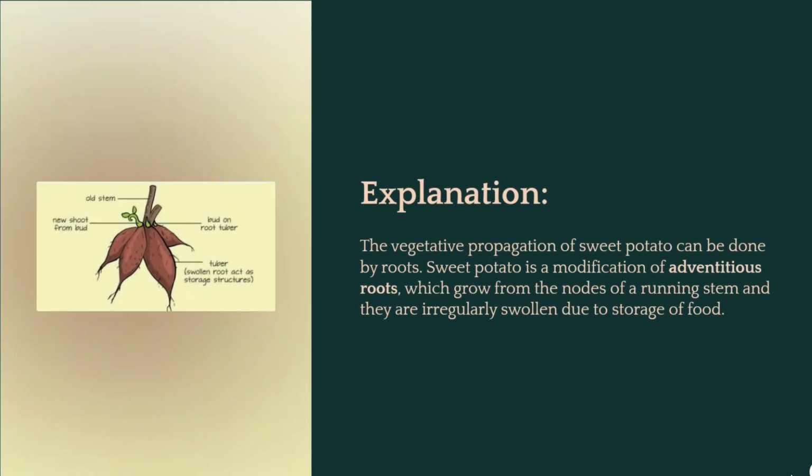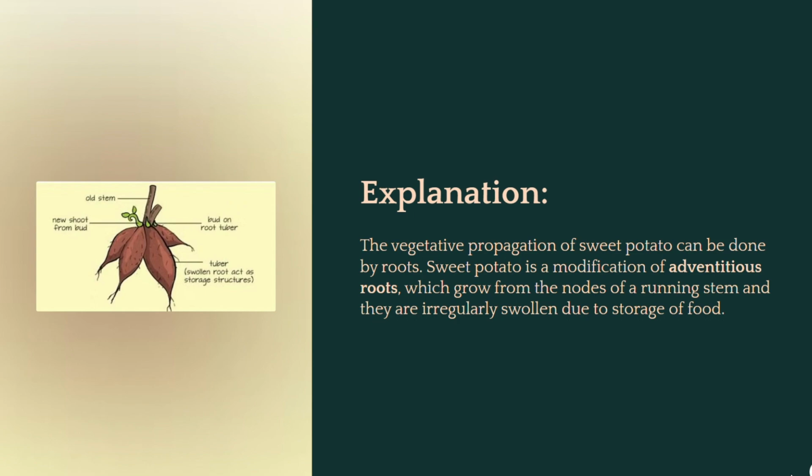The vegetative propagation of sweet potato can be done by roots. Sweet potato is a modification of adventitious roots which grow from the nodes of a running stem, and they are irregularly swollen due to the storage of food.